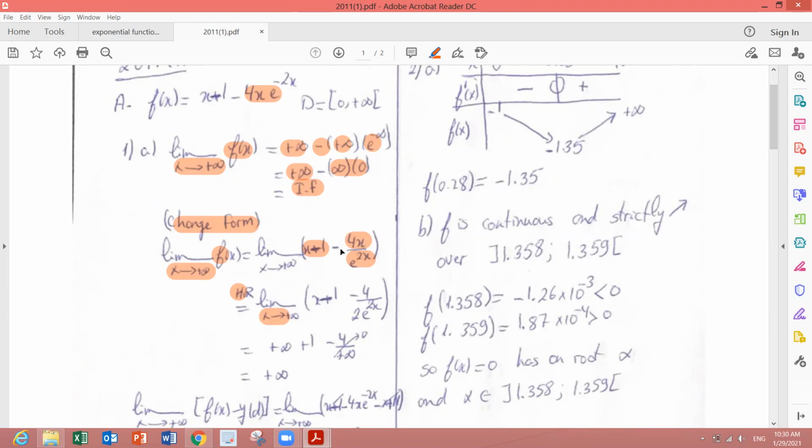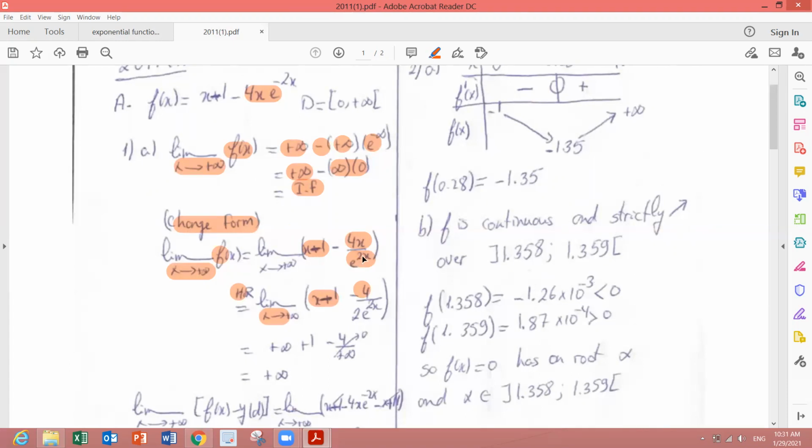Hopital's rule بس بنعمل derivative لهيدا هون. Derivative over derivative. While x plus 1 we leave it x plus 1. ما بنعمل له derivative. Only we make the derivative of the numerator, which is 4, over derivative of exponential 2x.